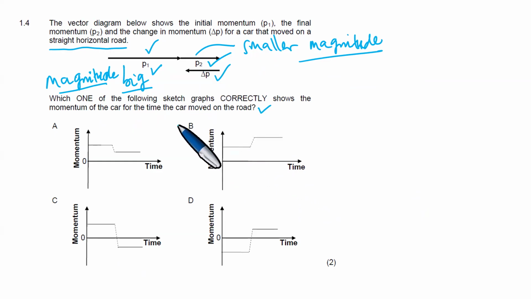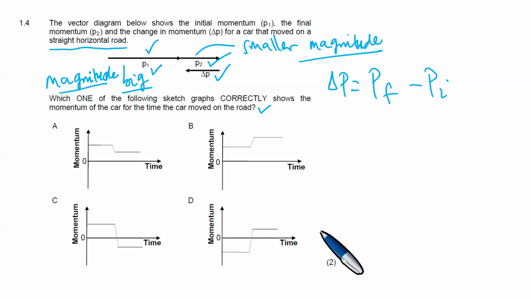And suddenly you can see that the change in momentum is in the opposite direction. But we know that the change in momentum is the final momentum minus the initial momentum. So at this point, this one is so big, so let's give it some magnitude.